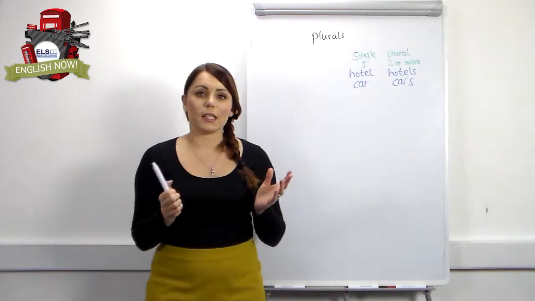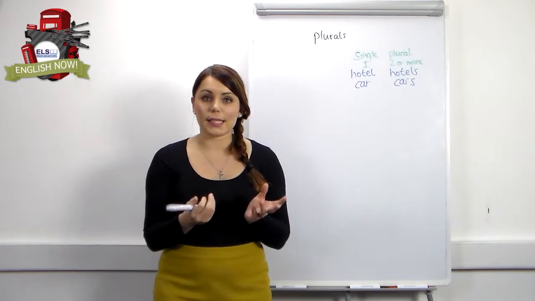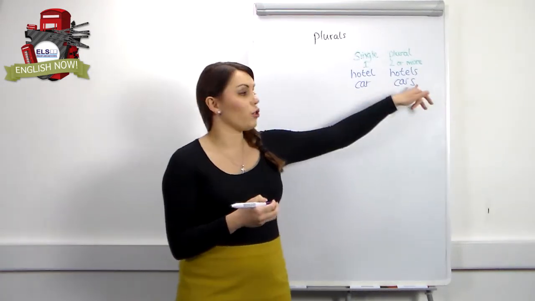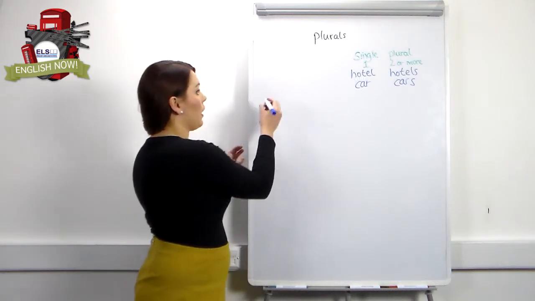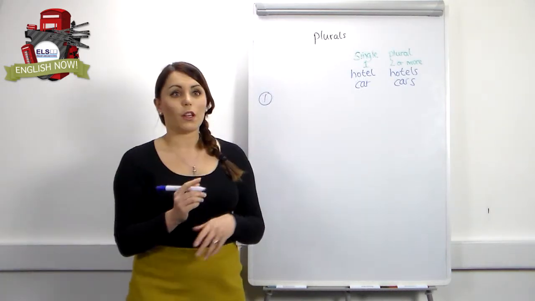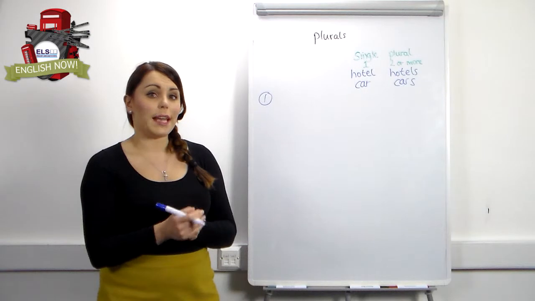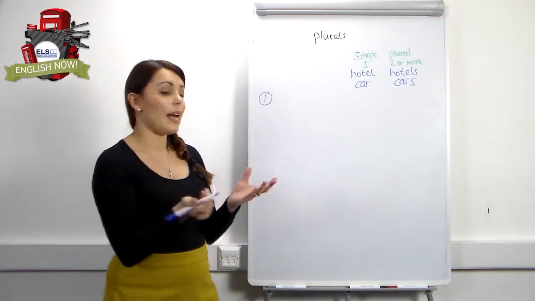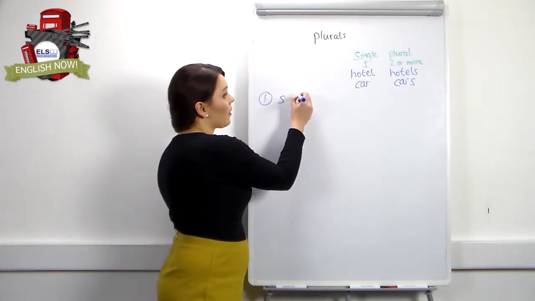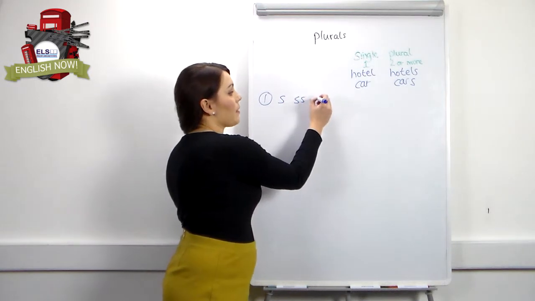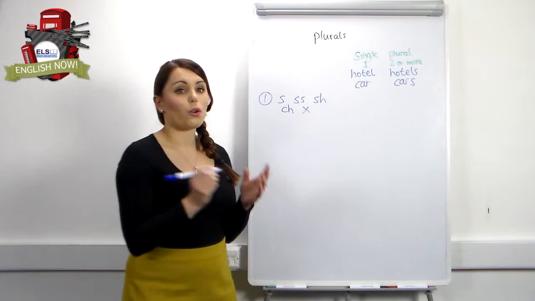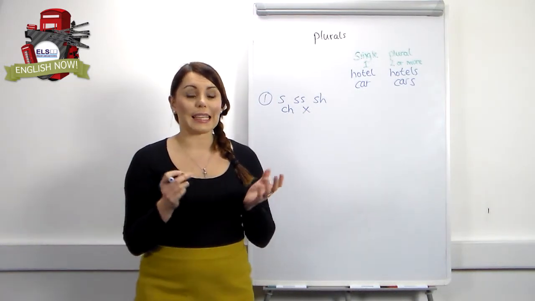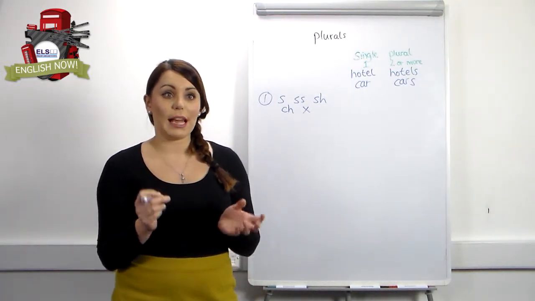When we're writing, we do have some spelling exceptions to the rule of just adding s. There are four we're going to have a look at now. The first one: if the noun, so if the object, ends in s, ss, sh, ch, or x, we must add es instead of just s.